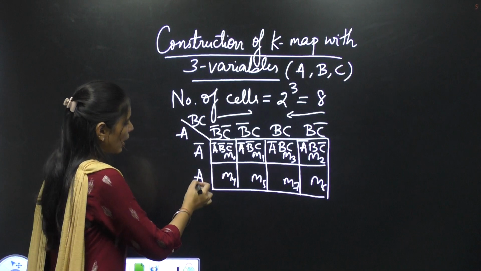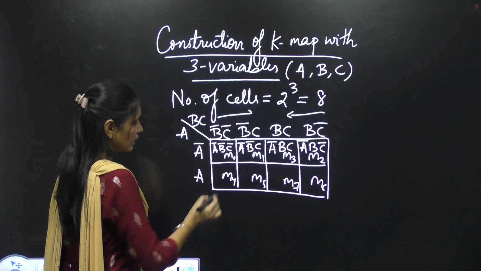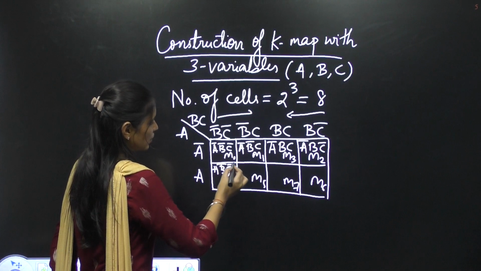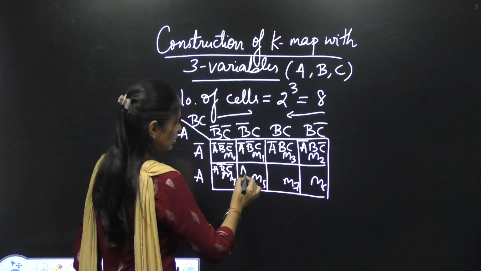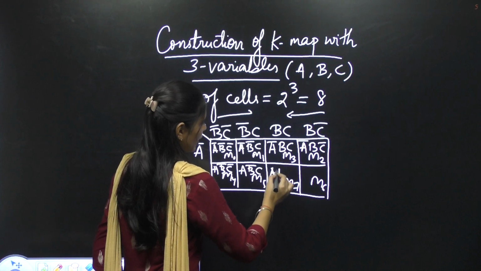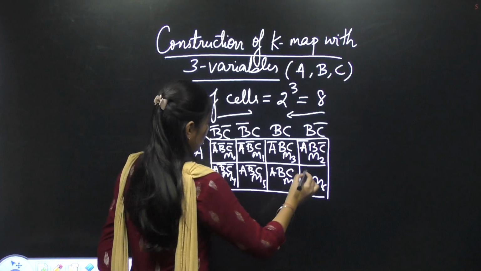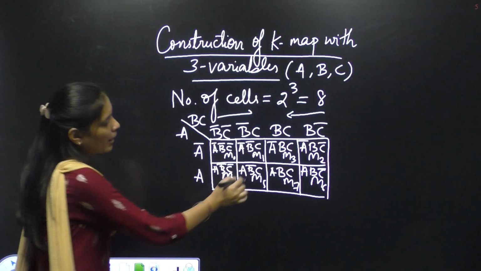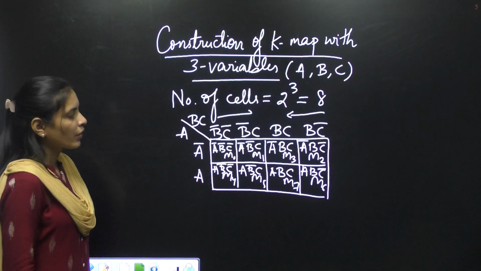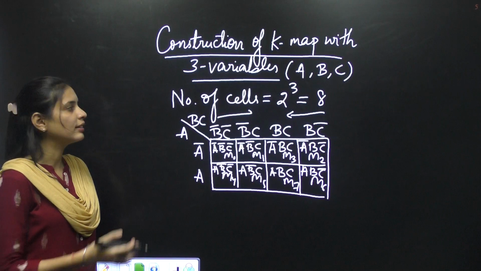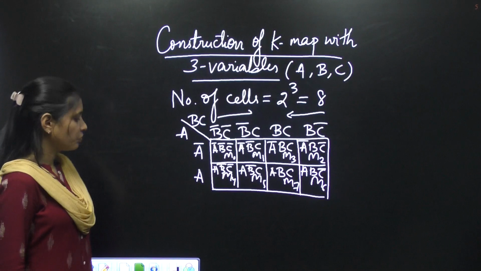And in this row I will multiply A with these terms. I will get A, B bar, C bar, A, B bar, C, A, B, C, A, B, C bar. So these are the min terms I will be getting, and this is how we construct the 2 variable K-map and the 3 variable K-map.